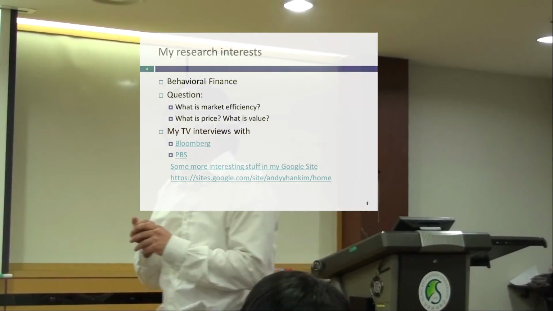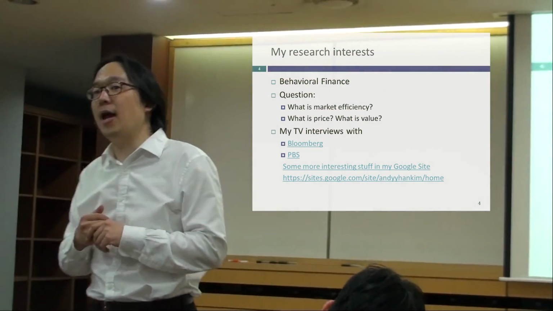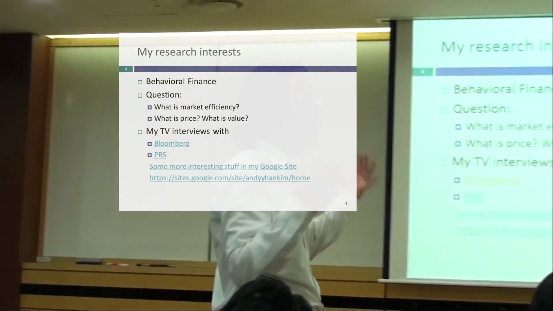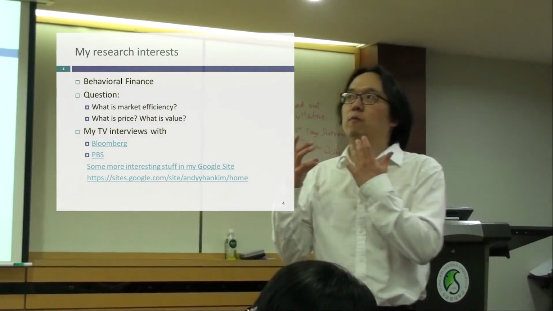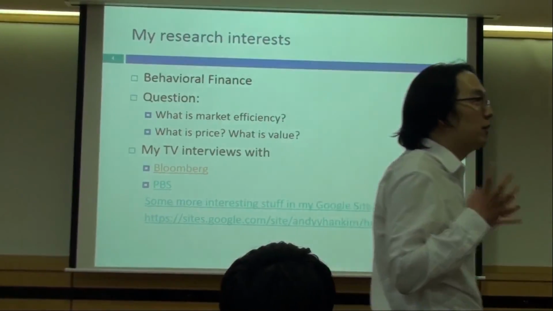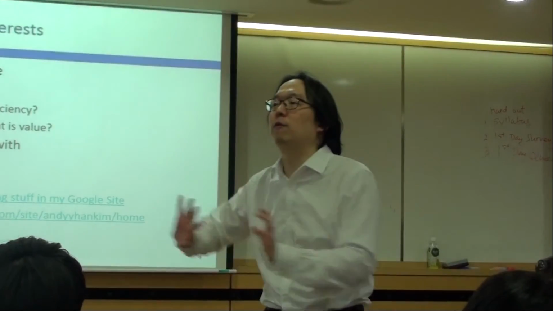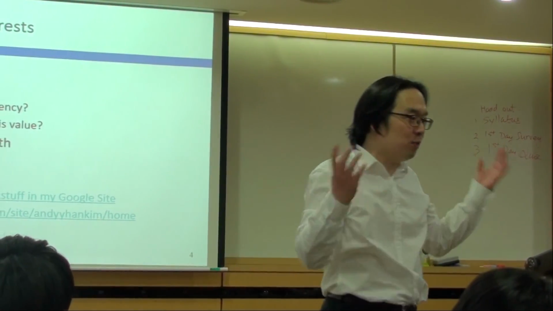But the answer is not that clear, because over 100 years, what was dominant in the research area was neoclassical economics-based finance. What do I mean by that? The scholars in finance were trying to avoid psychology as much as possible. Psychology, human things?